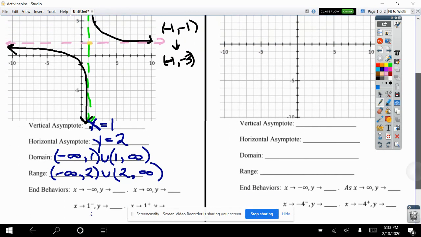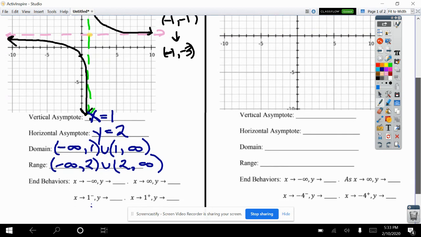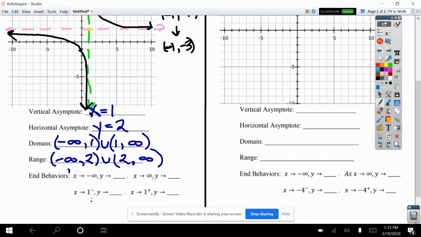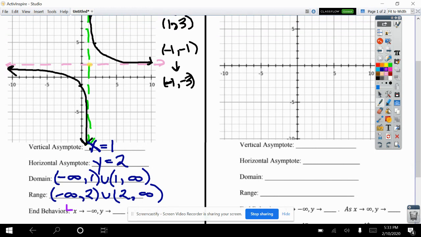Right, and behaviors. So the first one is saying as x goes to -infinity. That's telling me to the left, what is my y value approaching on the left side? If I look at the left side of my graph, I see that x is going left forever, but vertically it's not going up forever, it's not going down forever. It's getting very, very close to the pink asymptote, which is at 2.